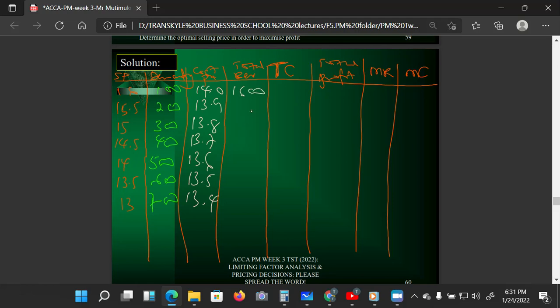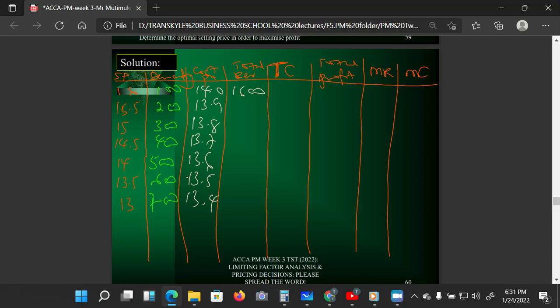Then 15.5 multiplied by 200. As you can see, demand is increasing while the selling price is decreasing. When the selling price decreases, usually quantities demanded increase, as you can see.